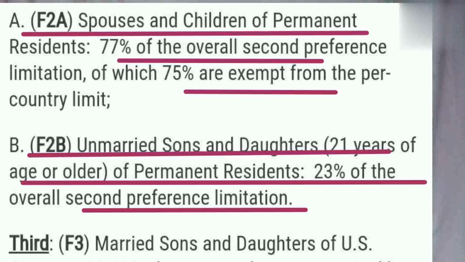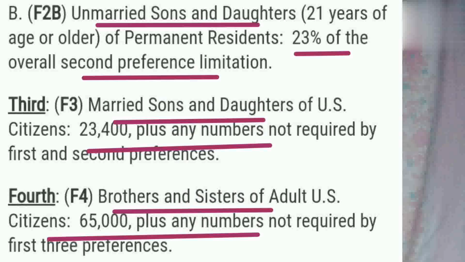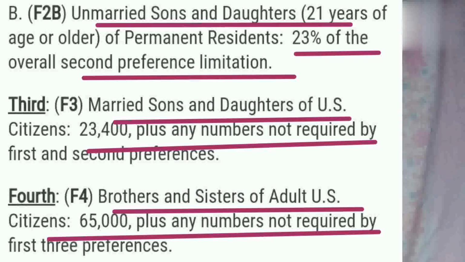Third, F3, married sons and daughters of U.S. citizens, 23,400 plus any numbers not required by first and second preferences. Fourth, brothers and sisters of adult U.S. citizens, 65,000 plus any numbers not required by first three preferences.